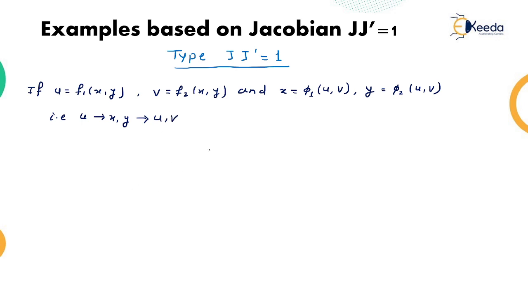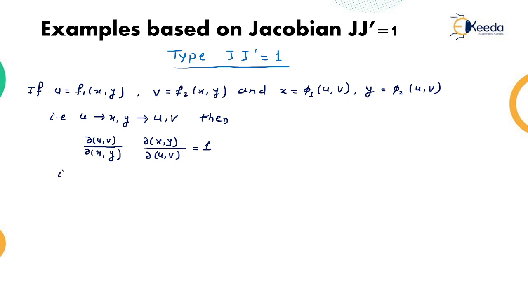So it says that the partial derivative of u, v upon partial x, y, since u and v are functions of x, y, that is why we find its Jacobian, into the Jacobian of x, y with respect to u, v, which is again a function of u, v. So you get the result 1.